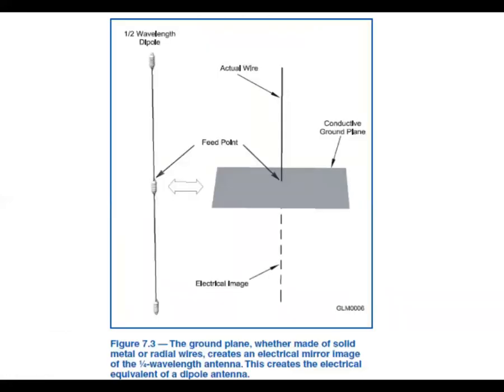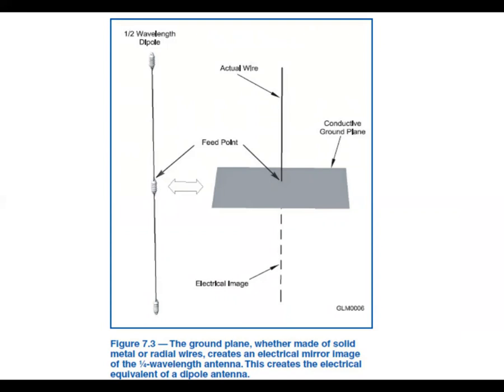So we looked at the dipole, we looked at the Yagi, which is a directional antenna. Now this is a quarter wavelength vertical antenna. And a vertical antenna is nothing more than a dipole rotated 90 degrees and half of the dipole's missing.